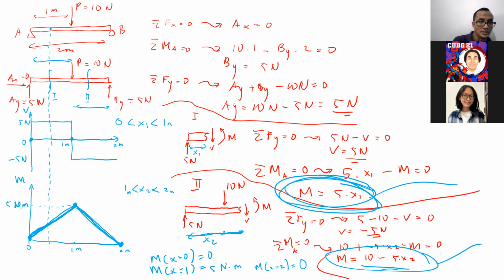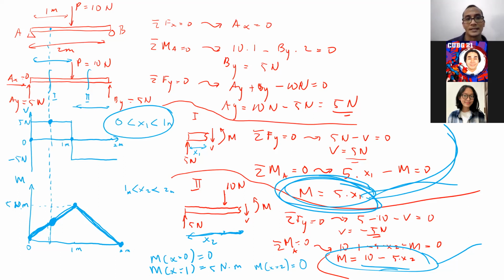This one is supposed to be slightly going to the right. So this is our value at 0.5 meters, and this is our value at 0.5 meters. Or you can just use the equation for the moment. At x equal to 0.5 meters we are supposed to use the first equation of moment, so it's supposed to be 2.5 Newton meters, like that.